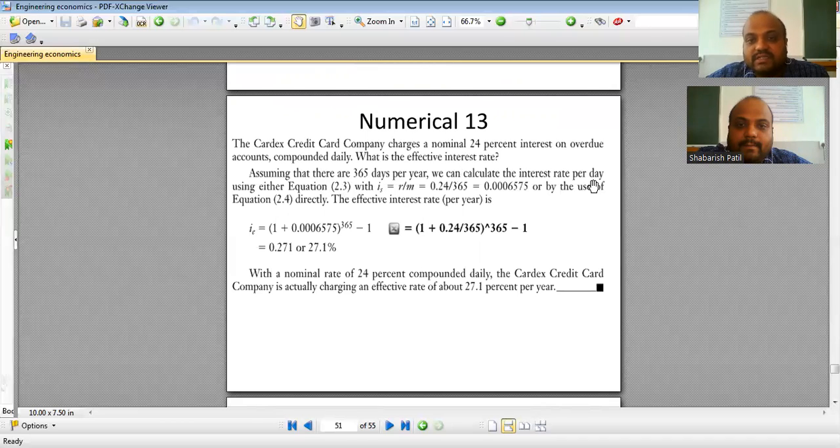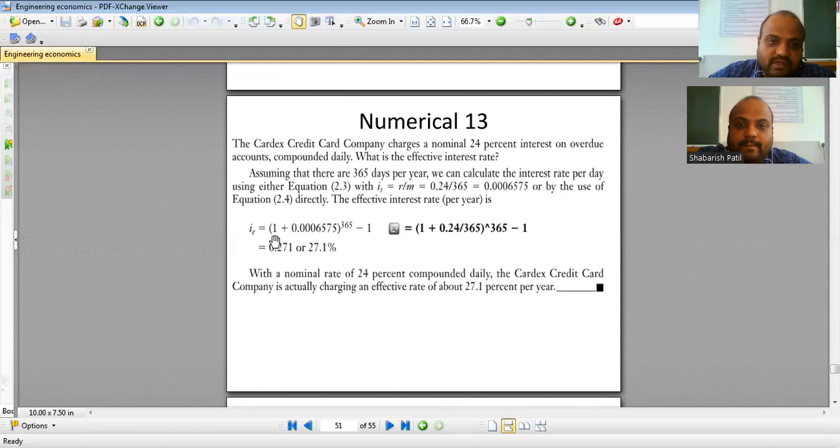We can calculate the interest rate per day using either equation, like we'll just go with this. My IS is R by M. R is my nominal interest, that is 0.24 divided by 365, so 0.0006575. By using this, we'll calculate the effective interest. That is, 1 plus this R by M raised to M, and here M is 365.